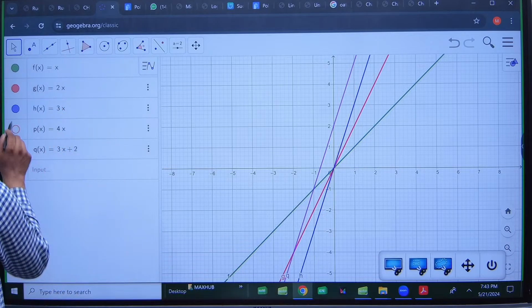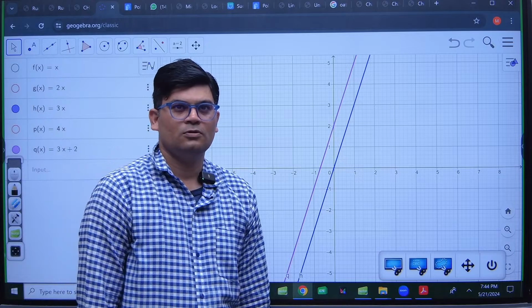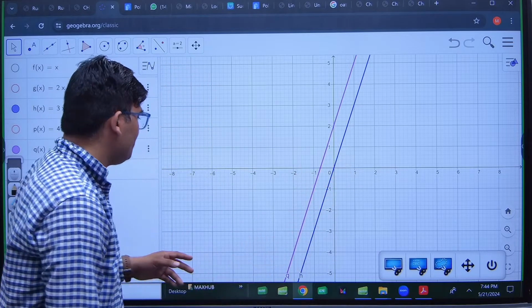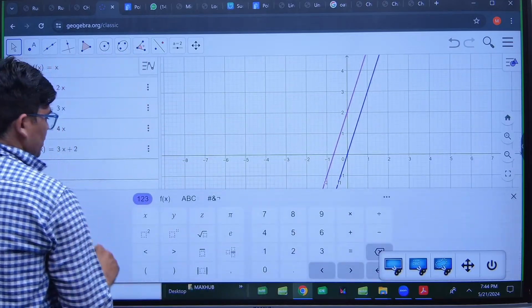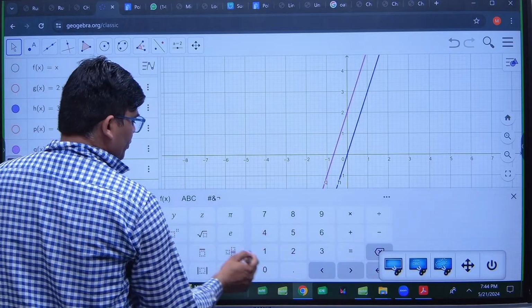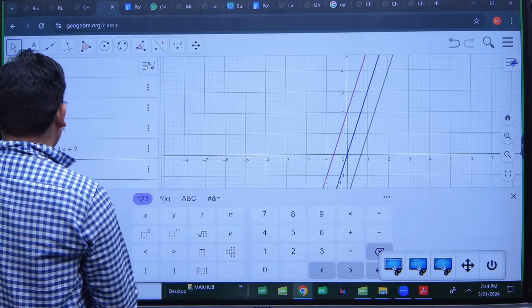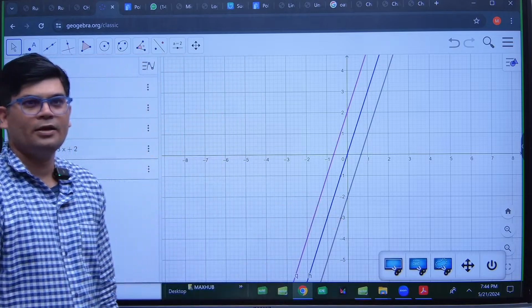I am hiding all the lines except 3x and 3x plus 2. So 3x and 3x plus 2 are always straight lines, but they are parallel. Can you do 3x minus 2? Yeah, that also works. 3x minus 2 will be 2 units below the x-axis and it will also never meet. It is also a parallel line.